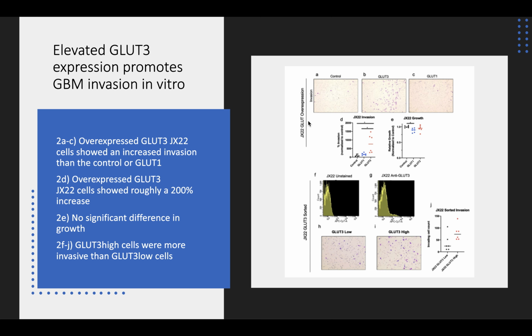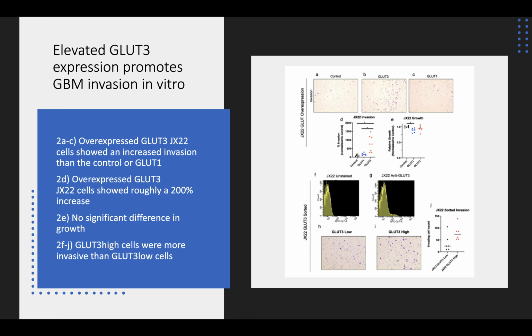So as it relates to figure 2, we see that figures 2A through 2C, these three figures represent the invasion, and this is as it pertains to JX22 GLUT overexpression.